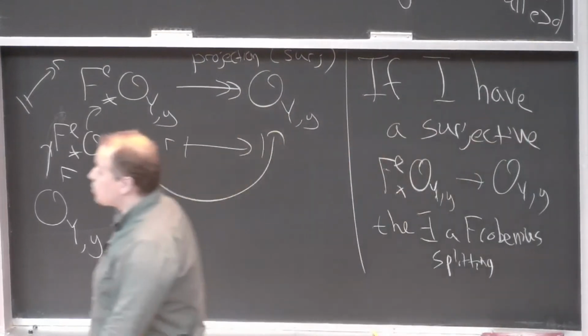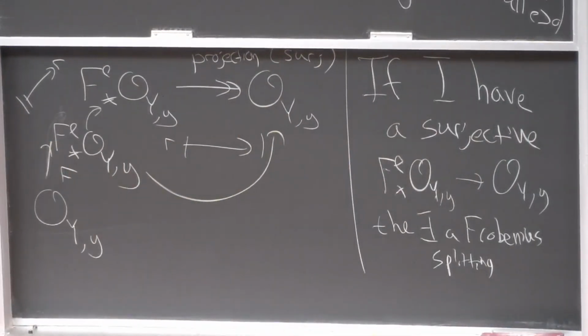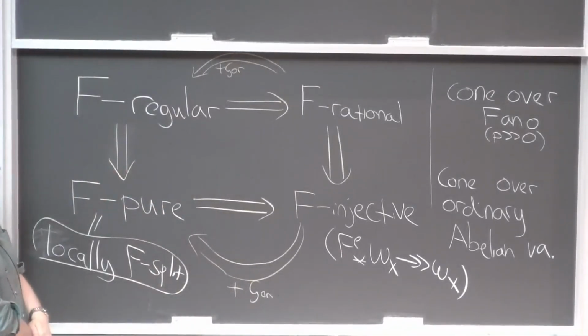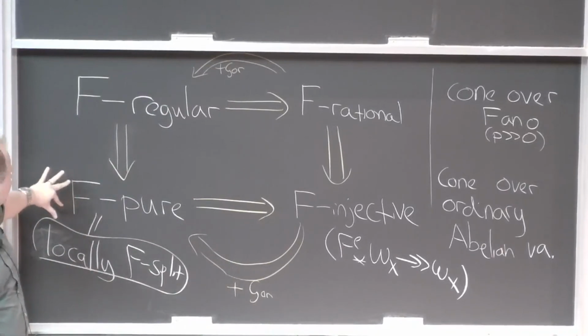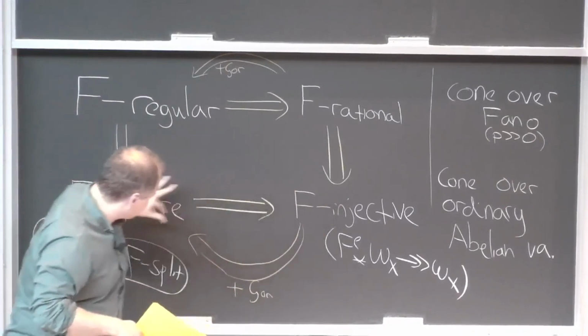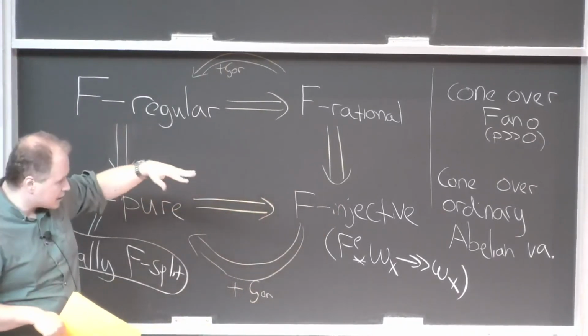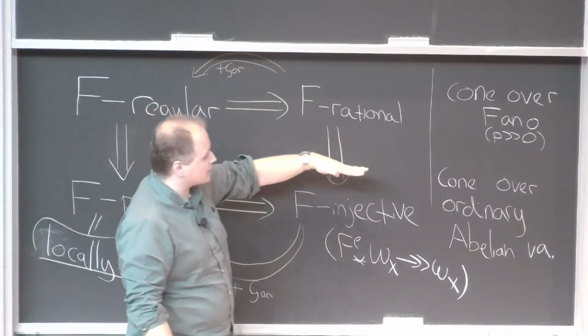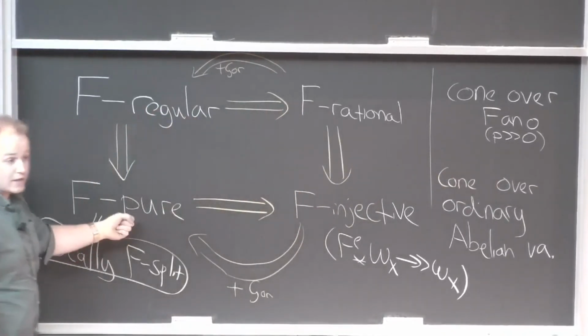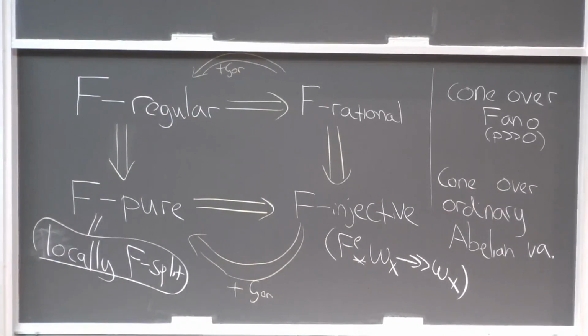So in the case that omega is locally free, F pure and F injective are the same. And so what should you think about for this row? Well, the standard thing to think about is maybe this, there's a big difference between these for cones, but I think the right thing to think about for this talk anyways is cones over ordinary abelian varieties are the ones that satisfy that row. Okay?